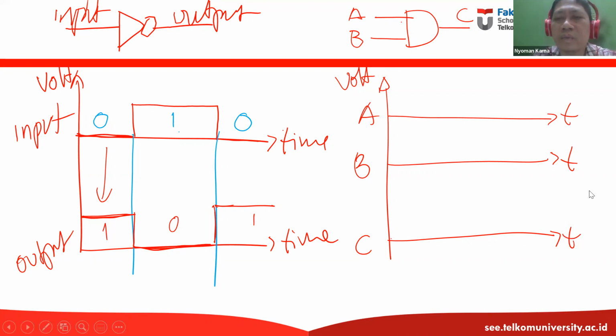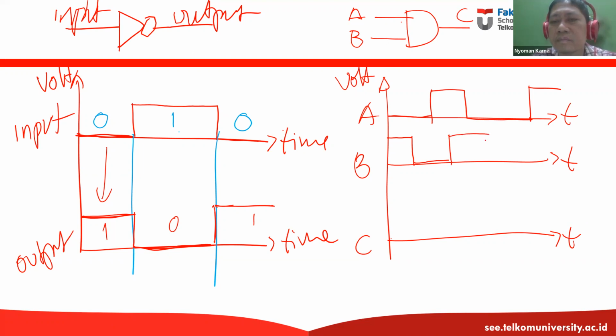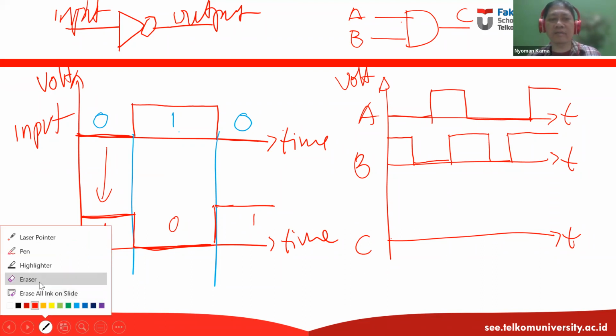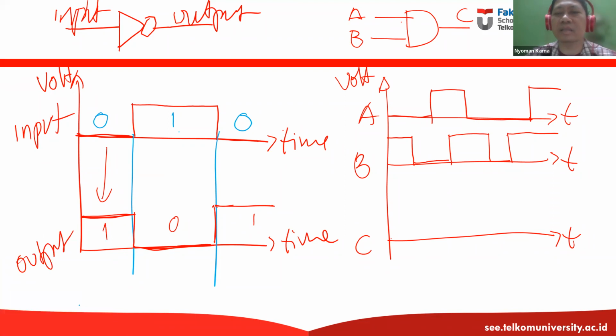And let's say the input is something like this. Okay. Now, what will be the output signal if the input is something like this?